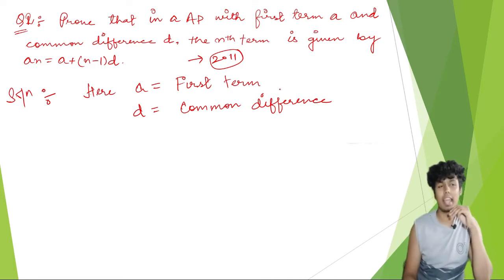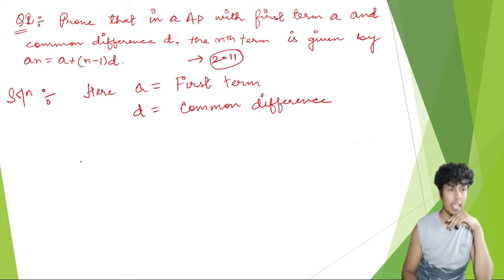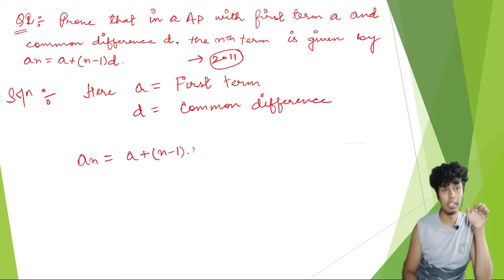Now the nth term is given by, now we need to find nth term. What is nth term? You need to find a n. What must be a n? a plus n minus 1 d. This is what we need to prove.